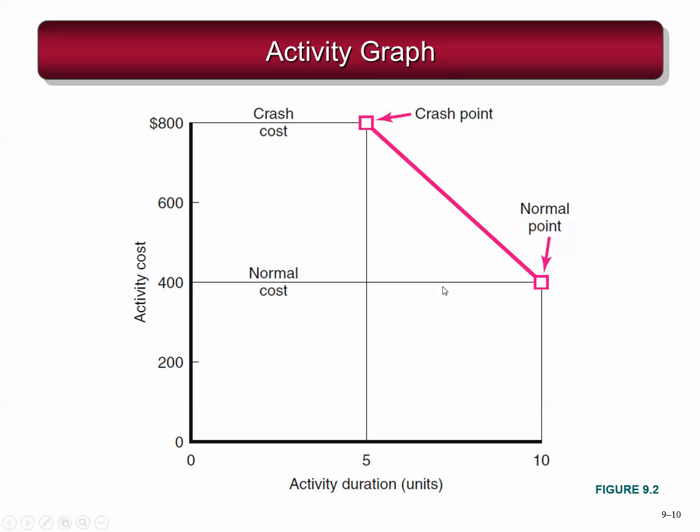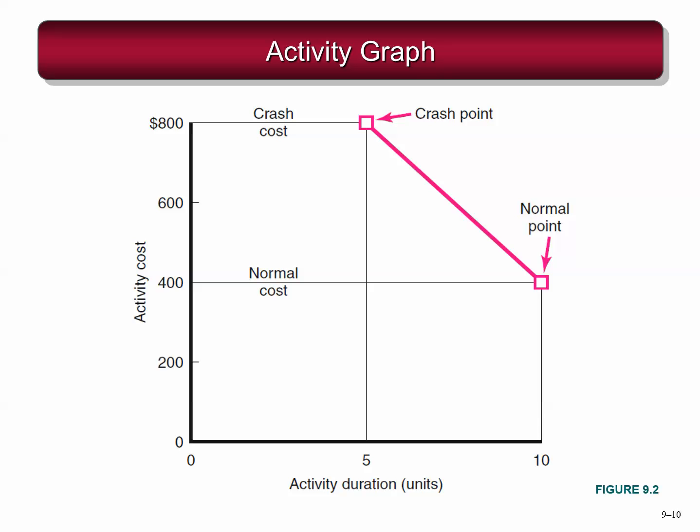All right. Now, often cost reductions are given in terms of the slope of the cost reduction graph. For example, what is a cost reduction graph? Well, it shows duration and activity cost, and slope is rise over run.